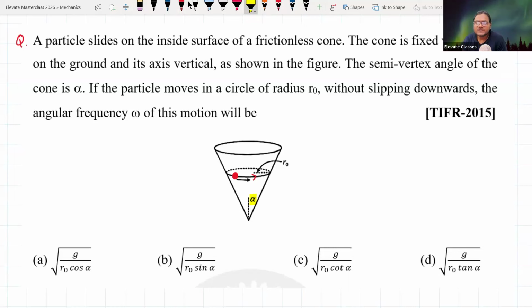If the particle moves in a circle of radius r0 without slipping downwards, what is the angular frequency of motion? Looks like a difficult problem. But if you have understood the instructions I have given in the previous problem, you can follow similar steps. Take a few minutes, take 3 minutes and try this question.